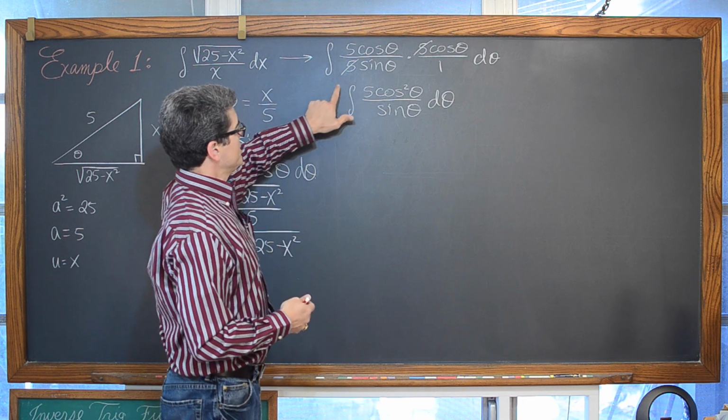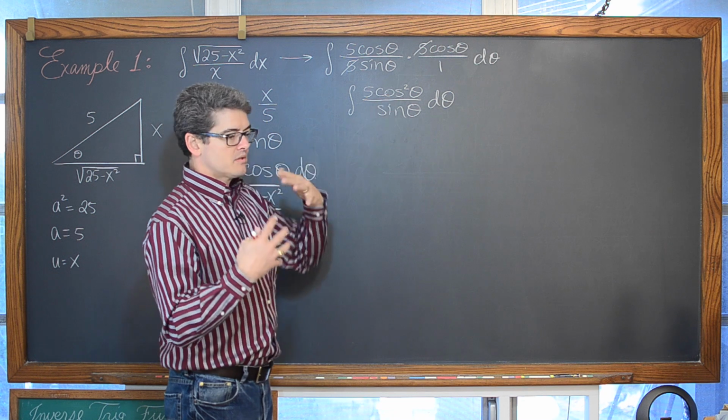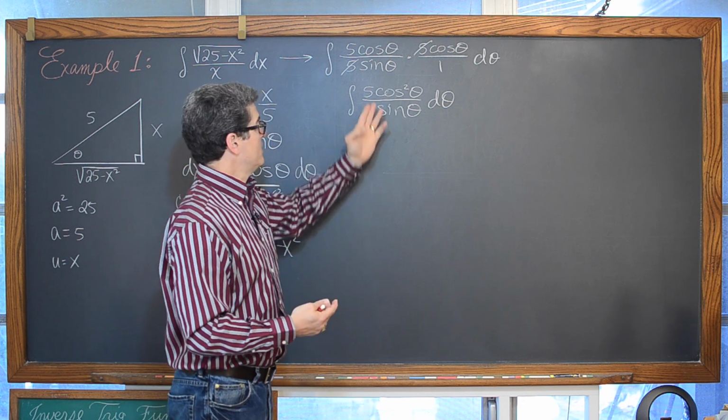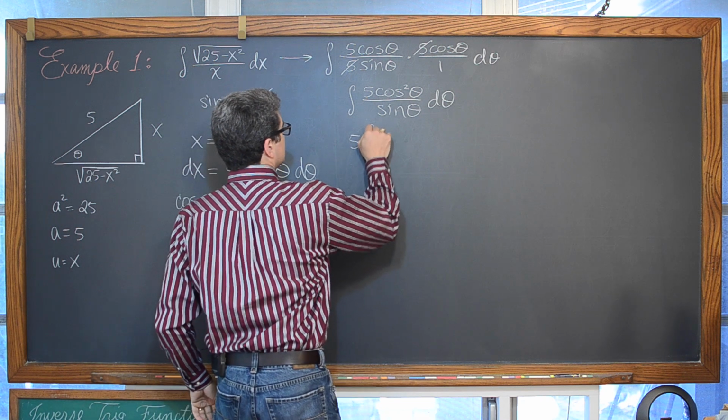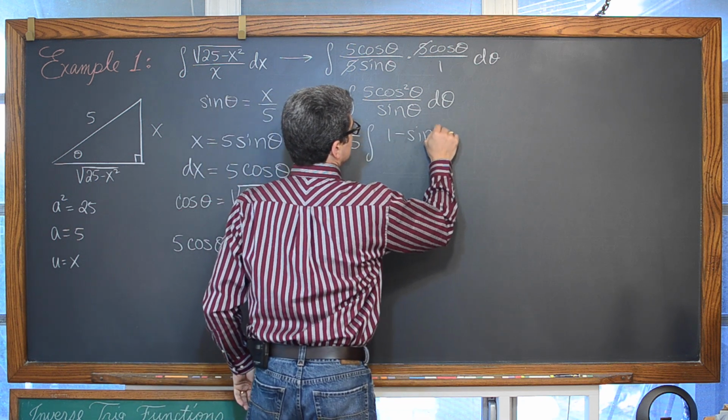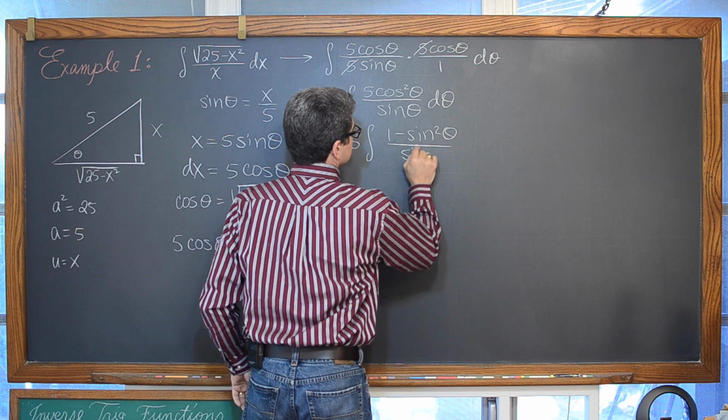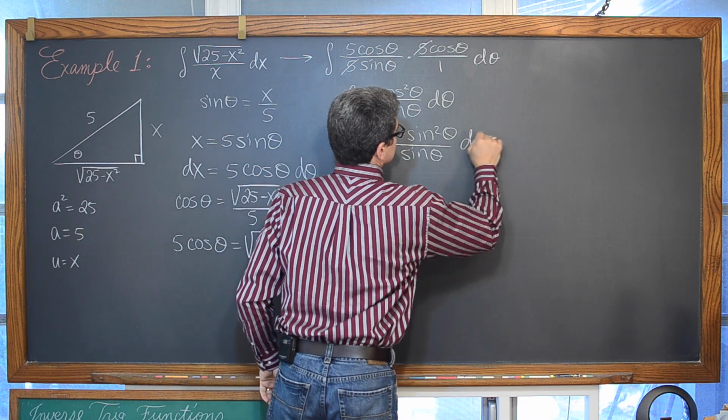So what I'm going to do is bring the 5 out front, and use the Pythagorean identity to rewrite cosine squared as 1 minus sine squared. Okay, excellent.